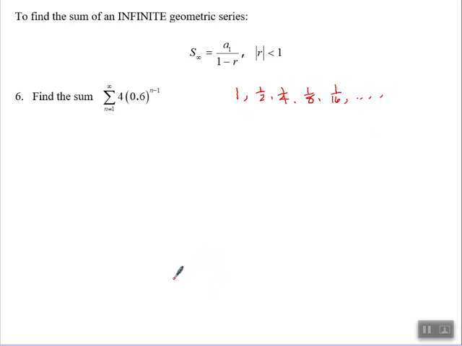If we graphed these points, we would end up with an exponential decay function. It has a horizontal asymptote, and the sequence is approaching 0. In this circumstance, this is called a convergent sequence, and you can find the infinite sum.